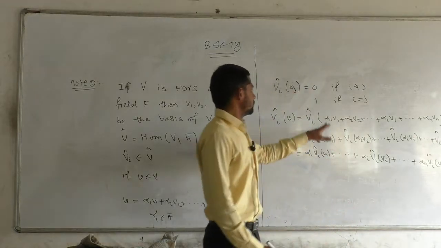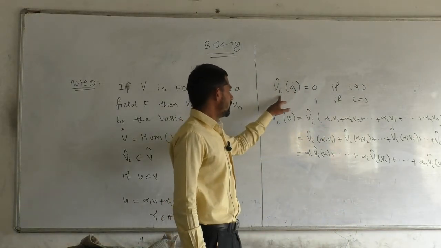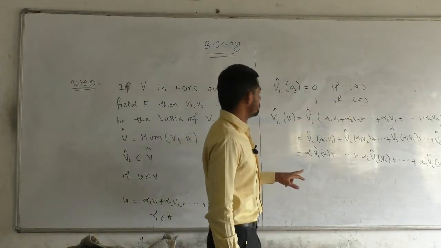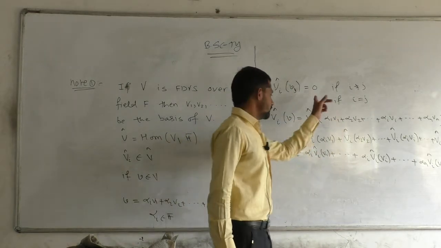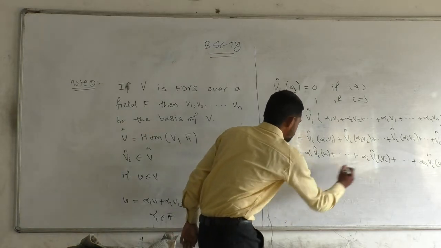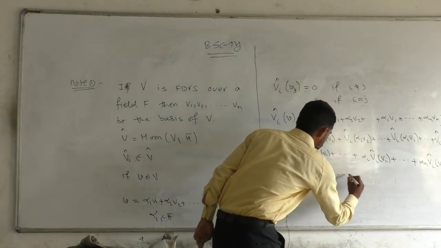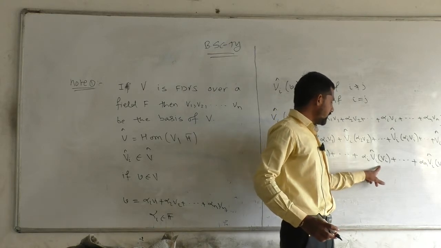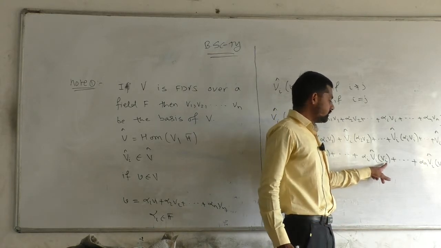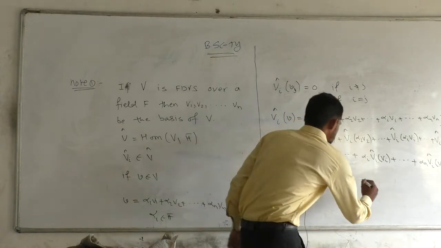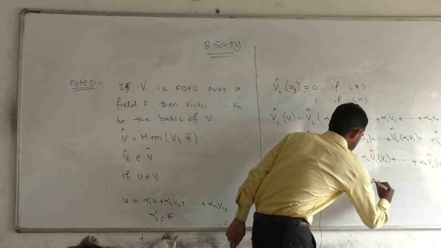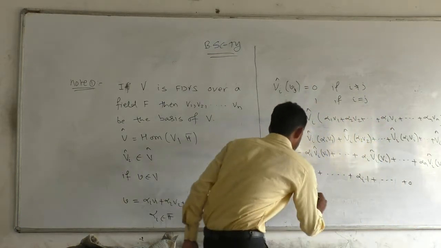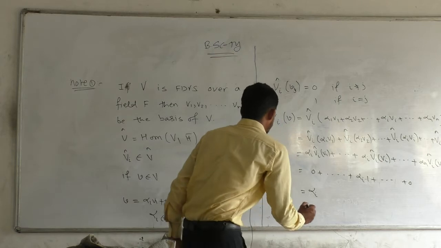Now see the function defined like this: vi dual of vj is equal to 0 if i is not equal to j, and 1 if i is equal to j. Then applying this function, all these terms are 0, plus ... plus, here note that alpha i times vi dual of vi is alpha i times 1, plus ... all other terms become 0, which is nothing but alpha i.